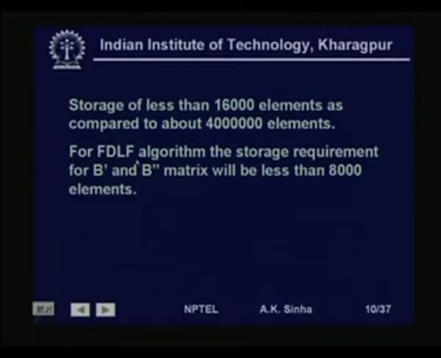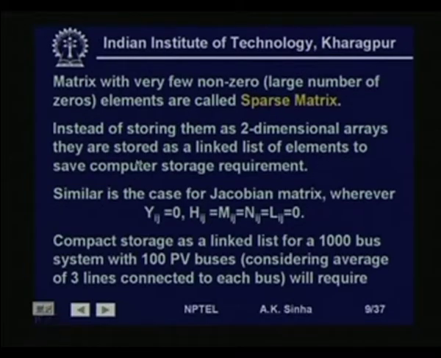Because here each of these matrices H, M, N and L will have only about 4000 or fewer elements. Therefore, the total number of non-zero elements in this system will be only of the order of 16,000 as compared to 4 million.